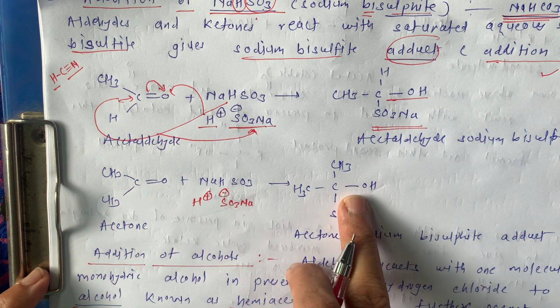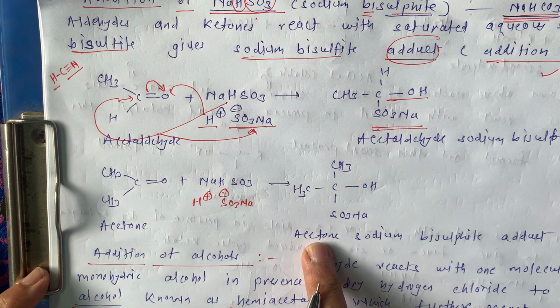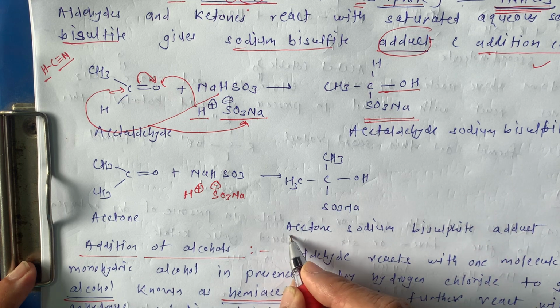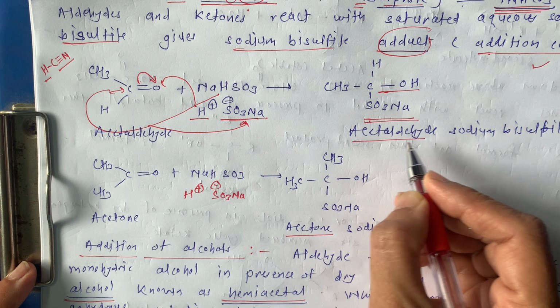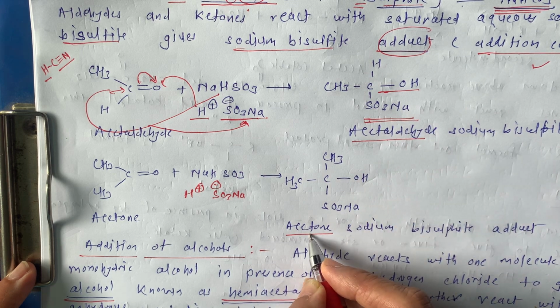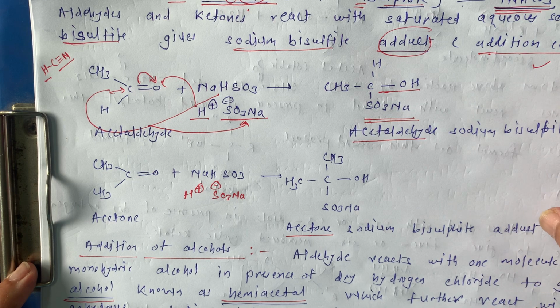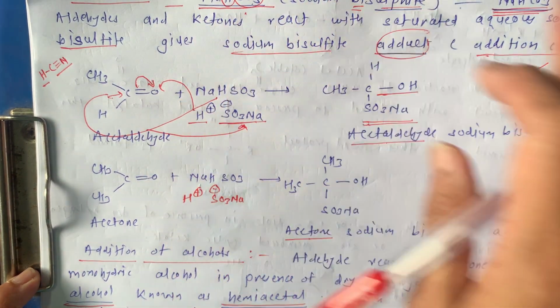The carbonyl oxygen is converted into OH and the double bond into a single bond. So here it is the formation of acetone sodium bisulfite adduct. We just change the first name, acetaldehyde, while this one is acetone. Are you getting this? These two reactions, with hydrogen cyanide and with sodium bisulfite, are very simple.